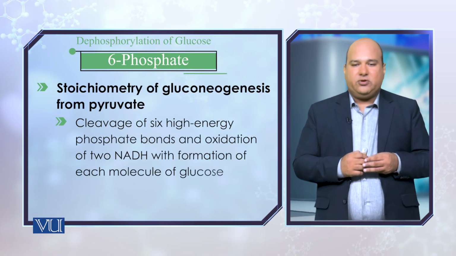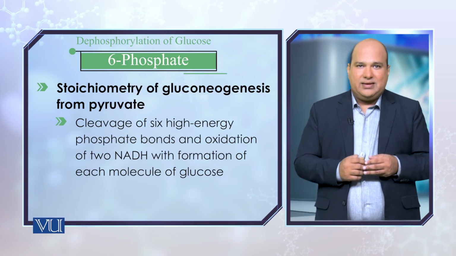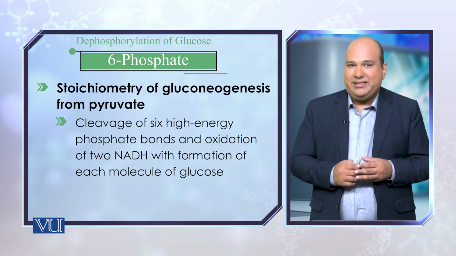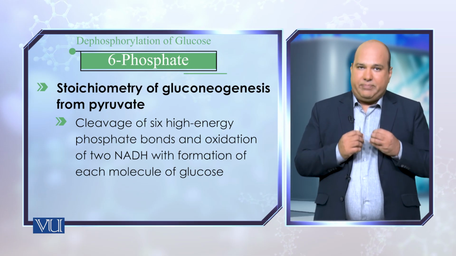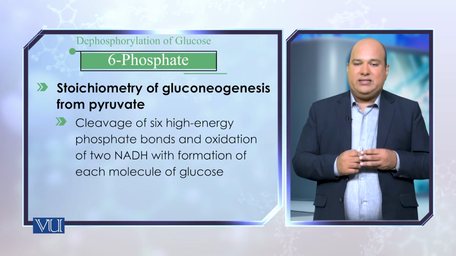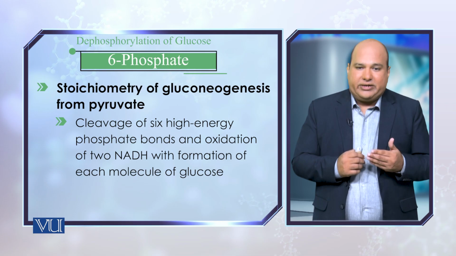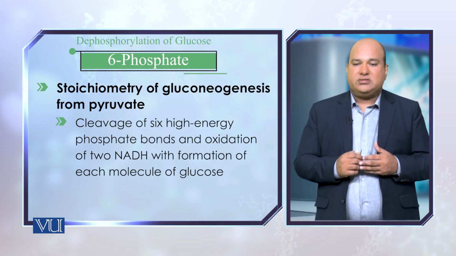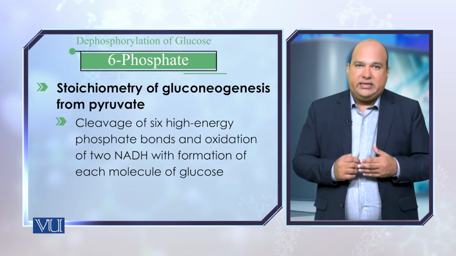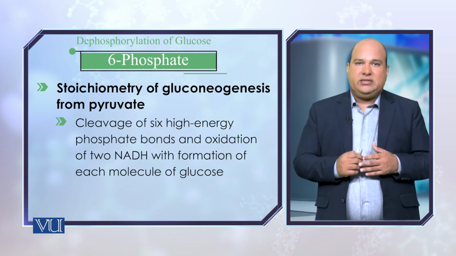The stoichiometry of this process is very energy demanding. Gluconeogenesis is a highly energy demanding process. It requires 6 high energy phosphate compounds and 2 NADH.